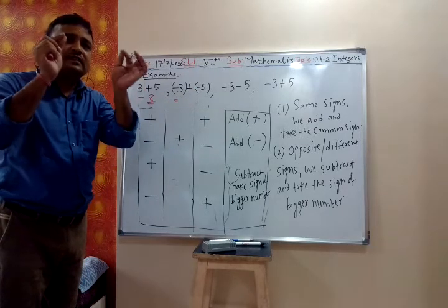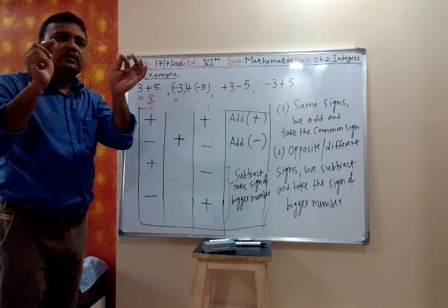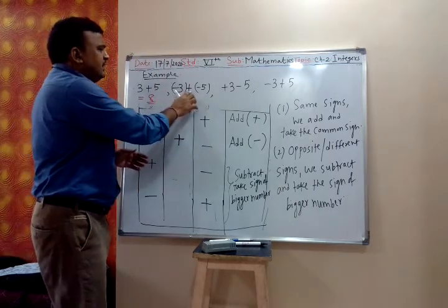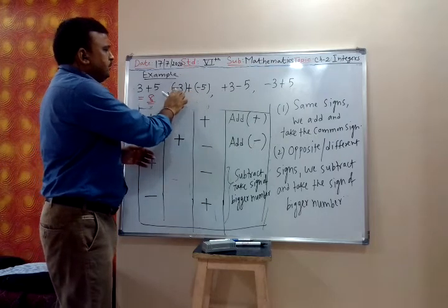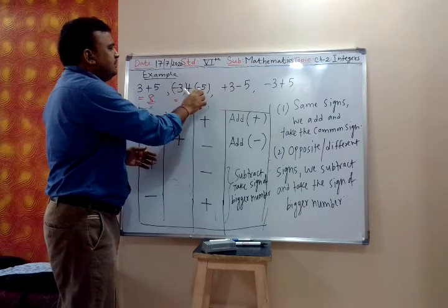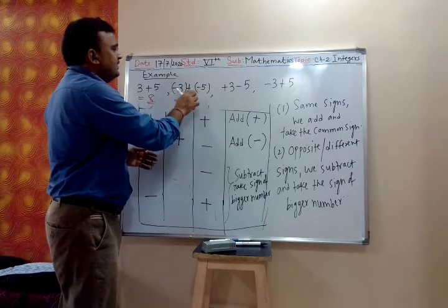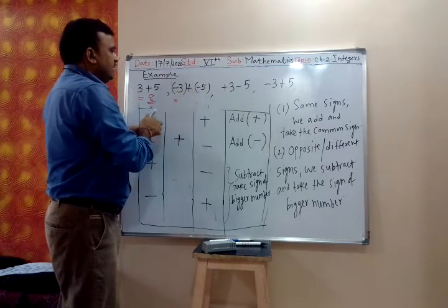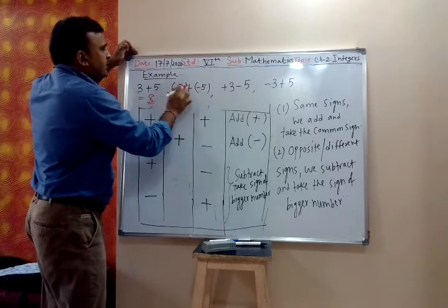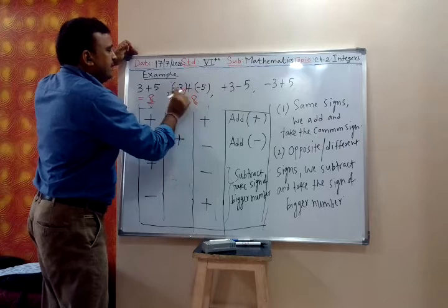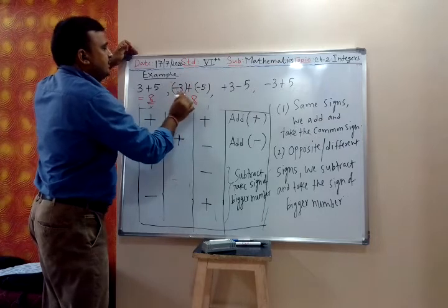Minus minus sign means the same sign, so you have to add the numbers. 3 plus 5 is 8. Then the common sign will be minus.